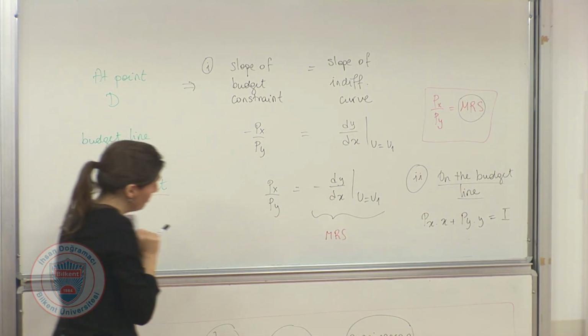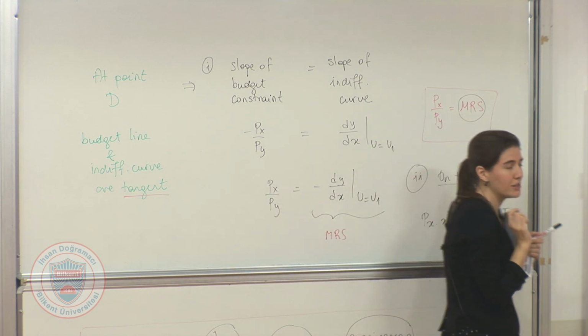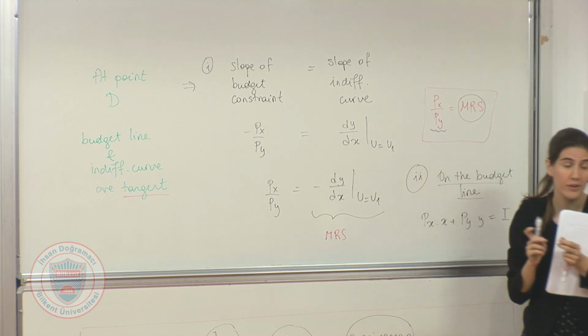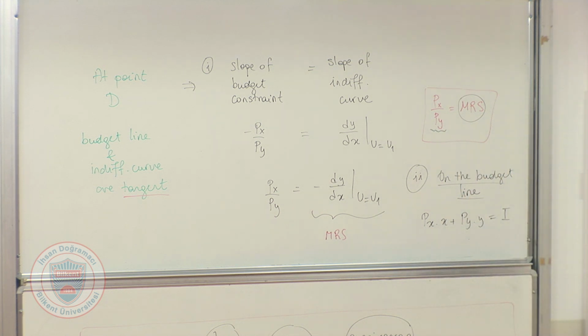So this is MRS. This is actually the rate at which you're willing to trade. This is actually the rate at which the market is willing to trade. So basically, it says that they should be equal. The rate at which you're willing to trade one good for the other should be equal to the rate at which the market is willing to trade one good for the other, okay?